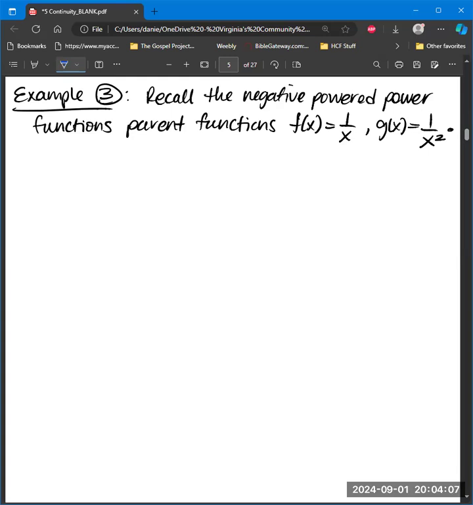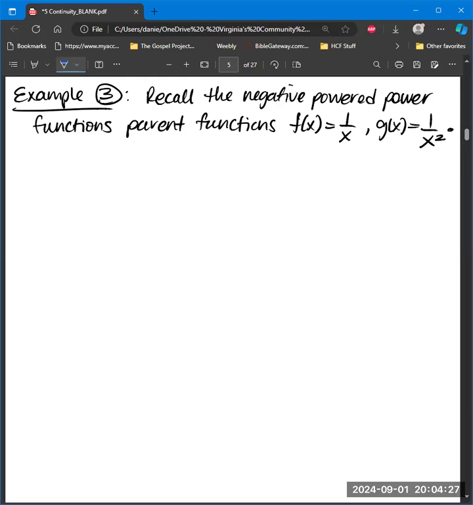So recall the negative power function, the reciprocal function, f of x is equal to 1 over x, and then this is the negative odd power parent function. This is the negative even power parent function.